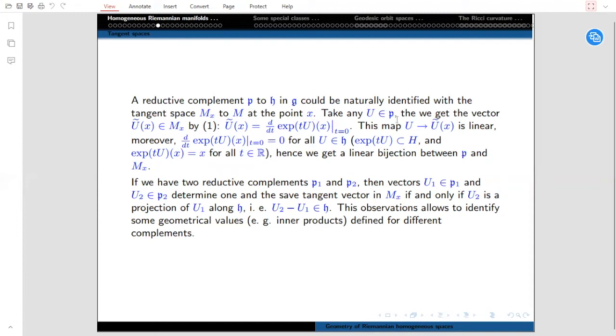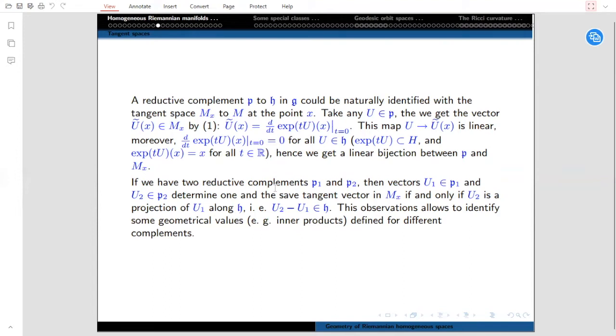We can take any vector of P and we get some vector field and so on. It's very easy. You can check it formally without any problem. And we have a linear bijection between P and the tangent space m_x.